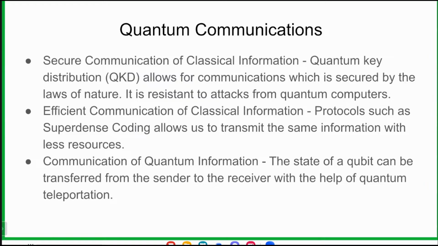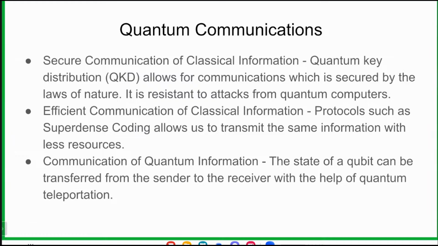Given that quantum computers could exist in the future, the key that we are trying to share between two parties can potentially get compromised, and the communication might not be so secure after all.